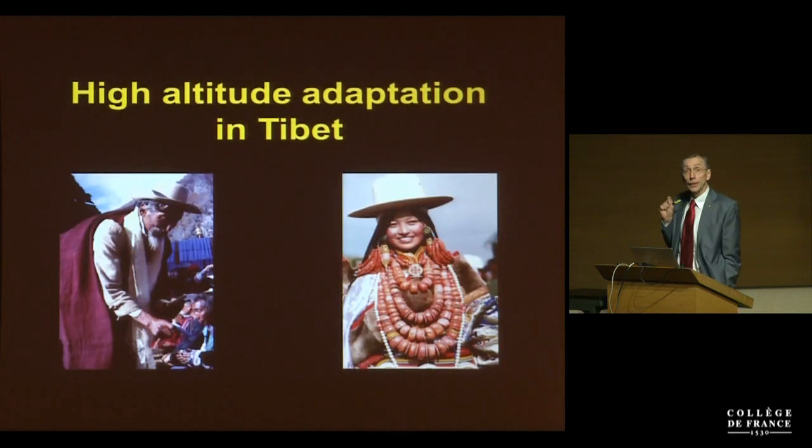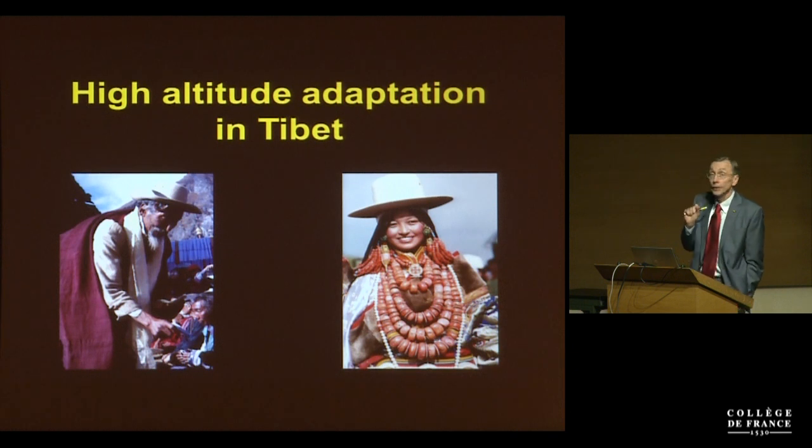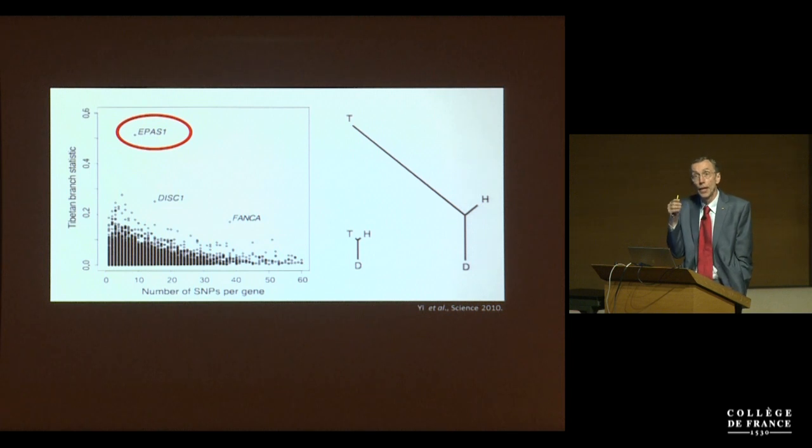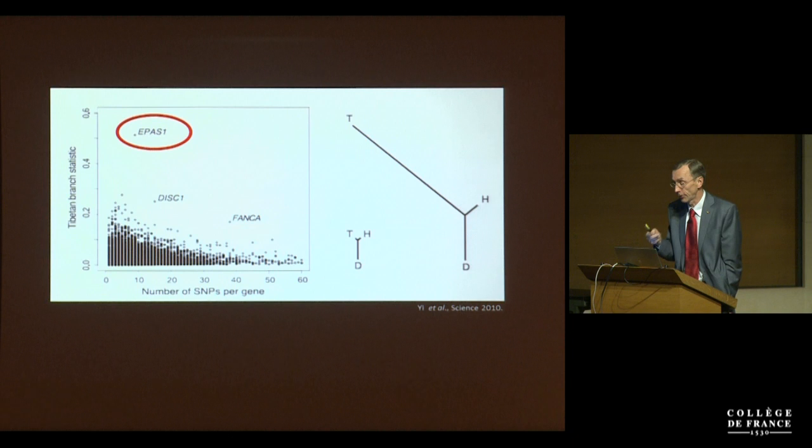And perhaps the most interesting example of things coming from these archaic groups comes from Tibet. At the high plateau in Tibet, it was already known that people are adapted to living at such high altitudes that there is little oxygen in the atmosphere. People who move there tend to have many complications in pregnancy, for example.